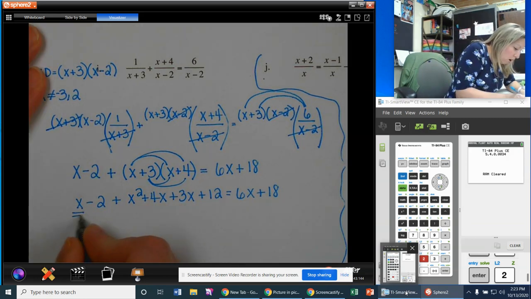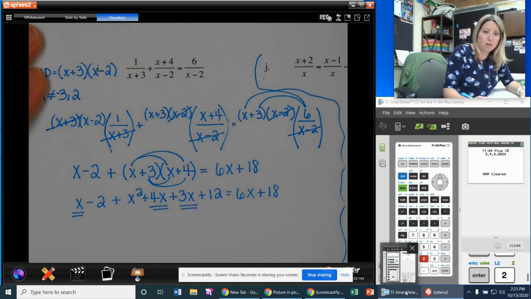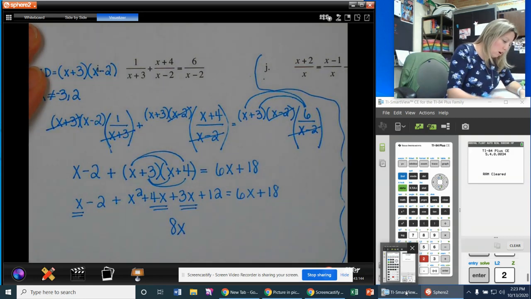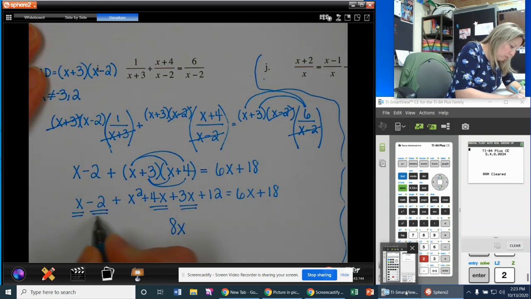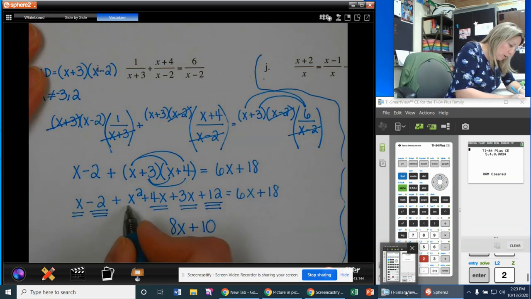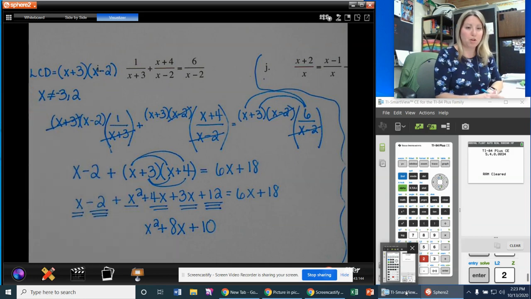So all the x terms go together. x plus 4x is 5x, plus 3 more is 8x. And negative 2, so 12 minus 2 is positive 10. And of course, nothing was like the x squared, so that's going to go in the front. And this was a positive 8x, so I'm putting a plus there.